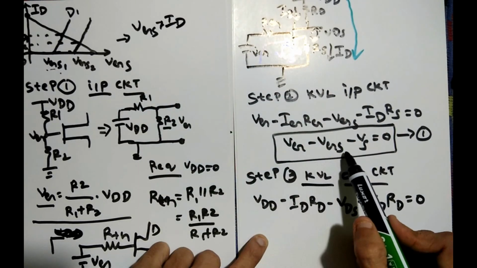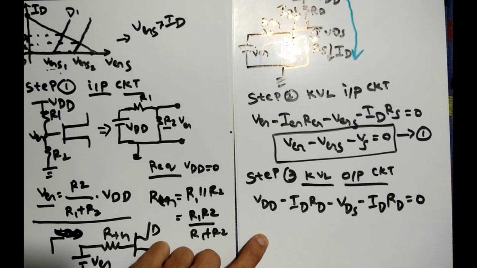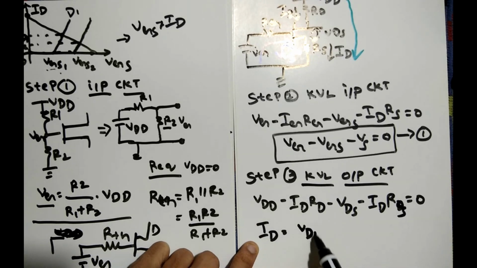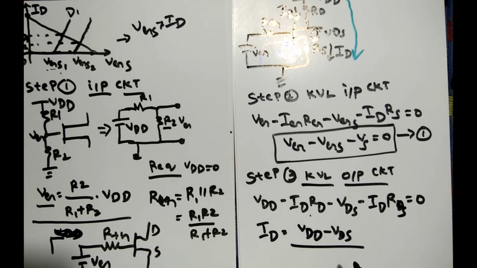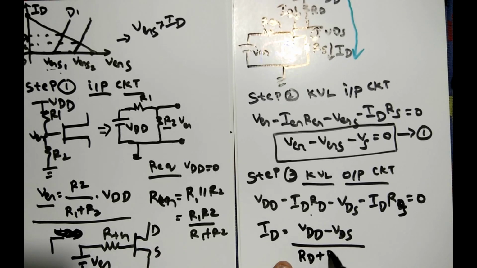VGS we can find from the first equation, and ID we can find from this one. So ID becomes, sorry, this becomes RS, so ID is equal to VDD minus VDS divided by the two resistances RD and RS, so RD plus RS. This is the formula for ID.